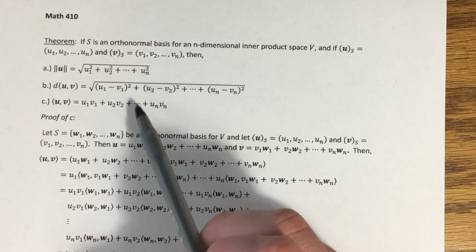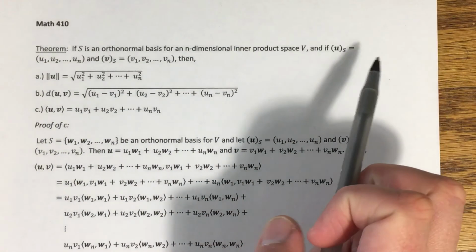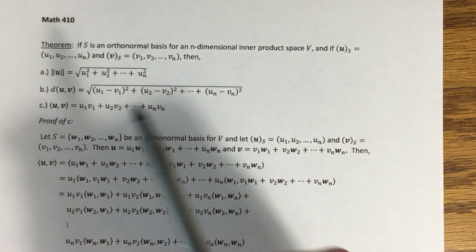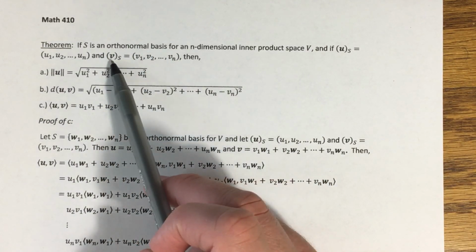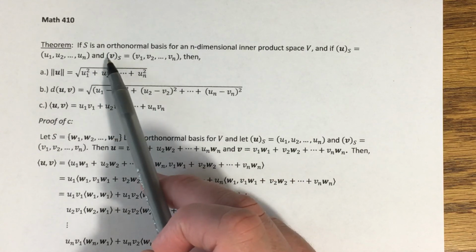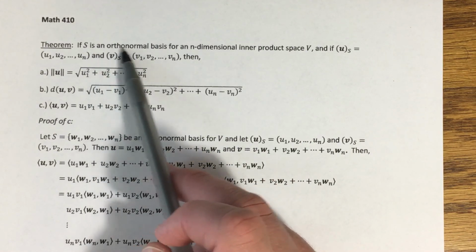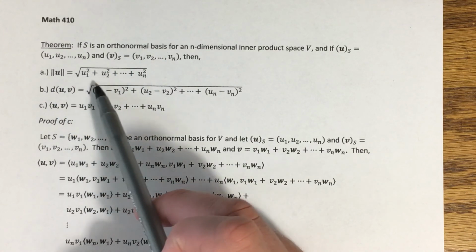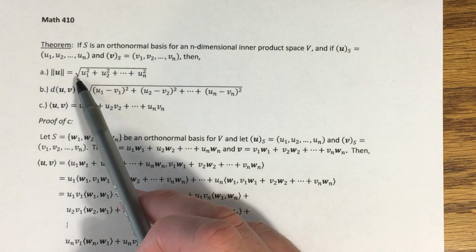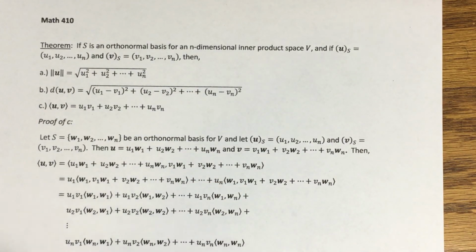So what this theorem is saying is that if you are using the coordinate vectors for vectors in an inner product space, and those coordinate vectors are relative to an orthonormal basis, then the norms, distances, and inner products of those vectors can be evaluated using basically the exact same tools as the dot product case, or the Euclidean inner product case.